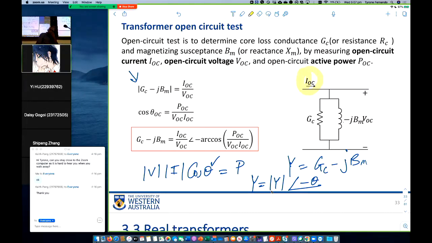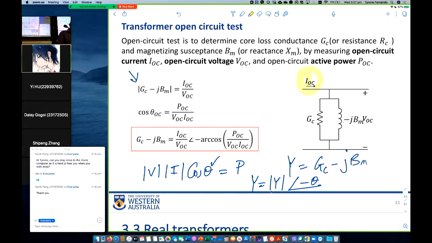Now, if I take the ratio of the magnitude of the current and the magnitude of the voltage, I get the magnitude of Y.